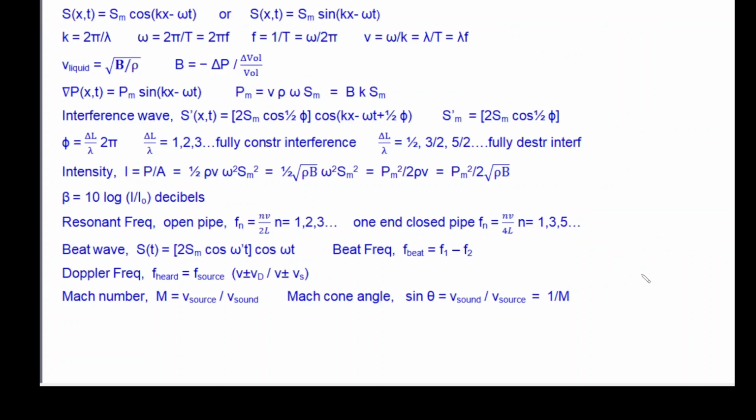Now let's talk about beats and beat frequency. Beats occur when you have two sound waves with equal amplitude but slightly different frequencies. We actually end up hearing the average frequency of the two waves, plus a large variation in the intensity. And it's these intensity variations that are the beats.